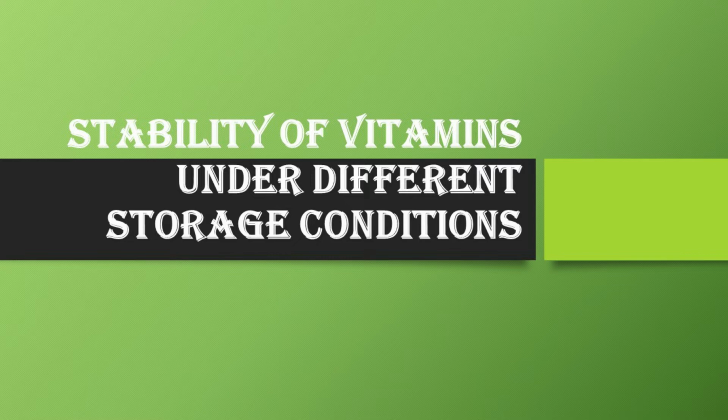Bread and cereals provide thiamine, riboflavin, niacin, folate, pantothenic acid, and biotin. Fats and oils provide vitamin A and vitamin E. Fruits and vegetables provide vitamins A and K, ascorbic acid, riboflavin, and folate.